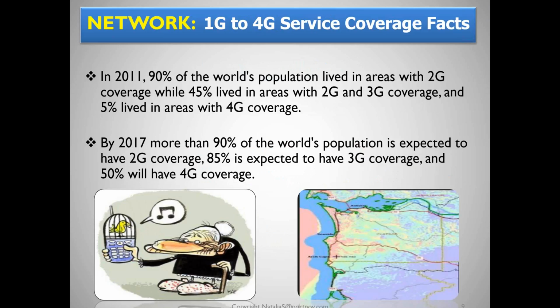You have to understand that in 2011, basically 90% of the world population lived in an area with 2G coverage, so not much, right? And by 2017, more than 90% of the world population is expected to have 2G coverage, 85% is expected to have 3G coverage, and 50% will have 4G coverage.